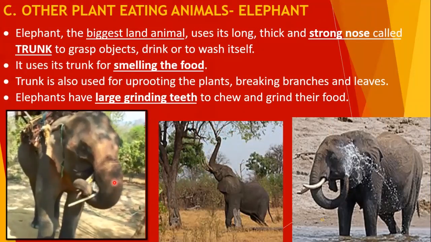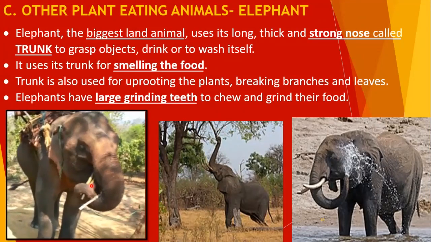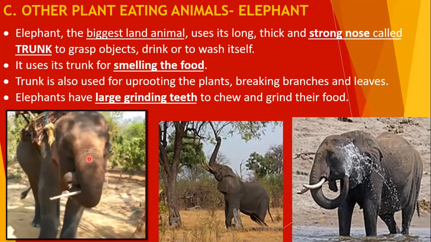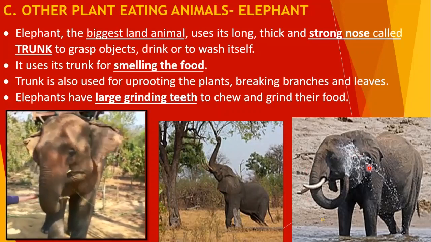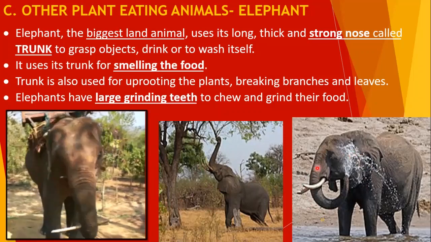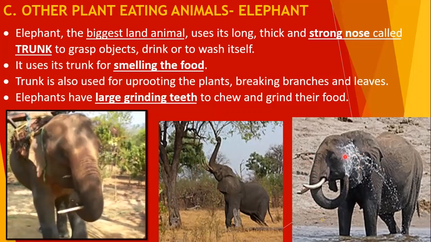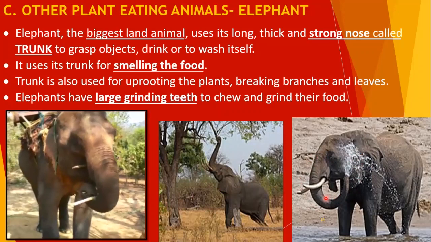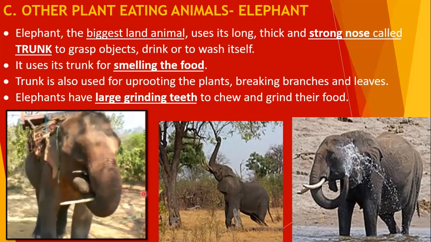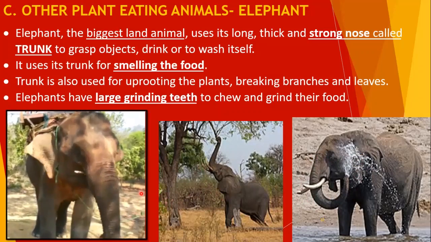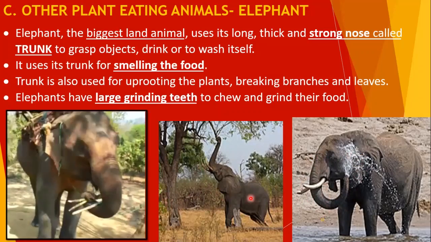Elephants have large grinding teeth to chew and grind their food. They also drink water with the help of their trunk. An elephant uses its trunk in doing many activities such as lifting logs of wood, drinking water and eating food.